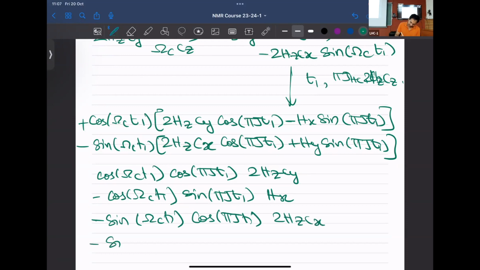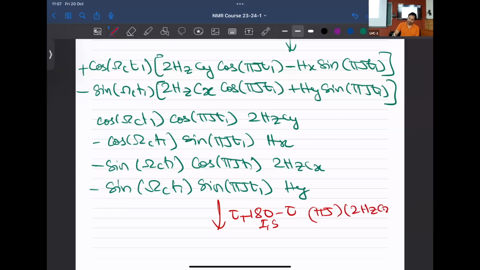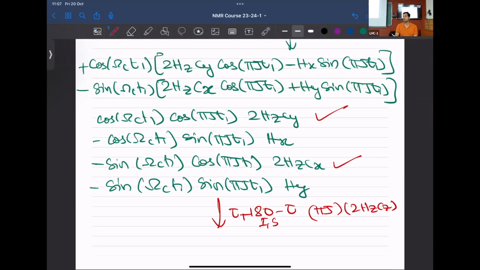Then finally a minus sin omega C T1 sin pi J T1 HY, right? The only last part that is left out is tau 180 tau with simultaneous 180 and INS, right? This is only going to evolve pi J to HZCZ term, right? So therefore, the only 2 terms that you can actually reduce this down to are these 2 terms.